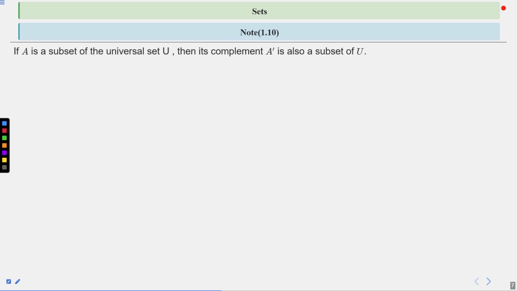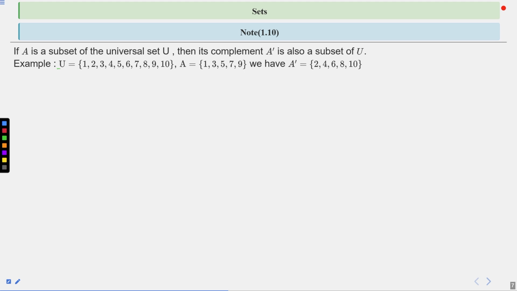Now, there is a note. If A is a subset of universal set U, then its complement A complement is also a subset of U. Clear? Straightforward?